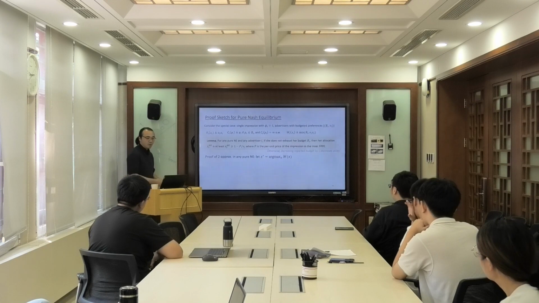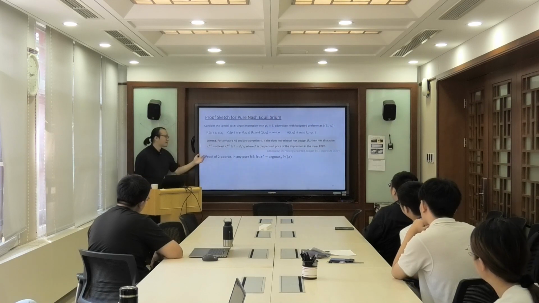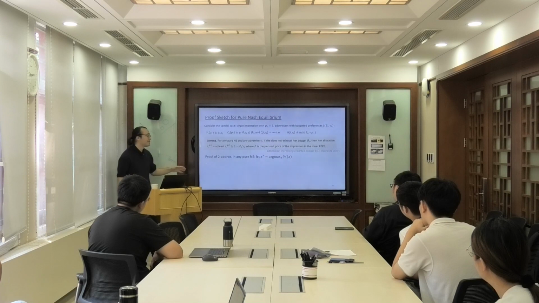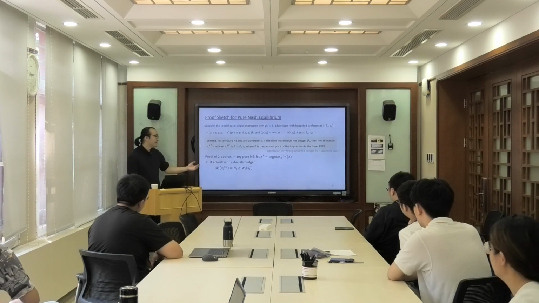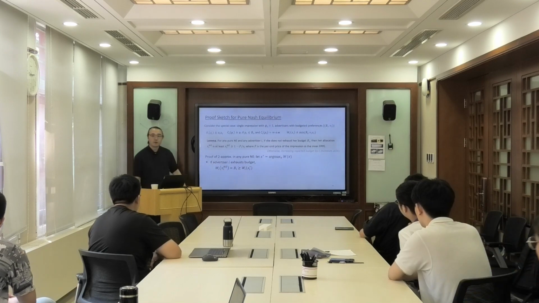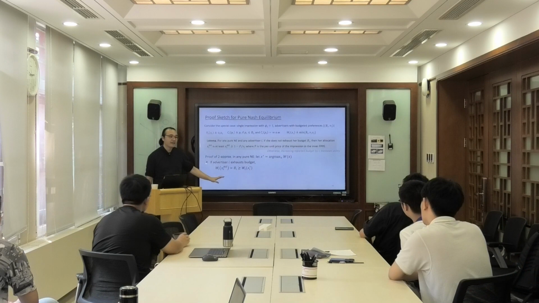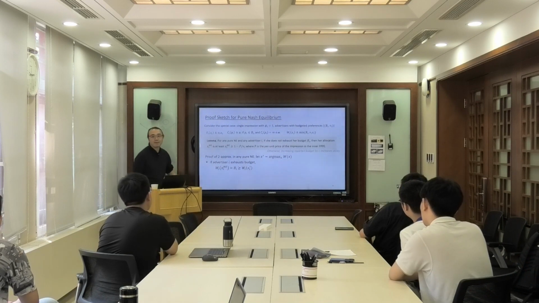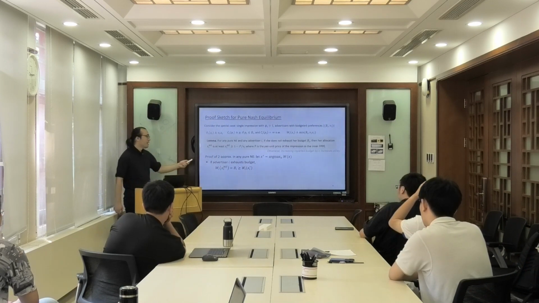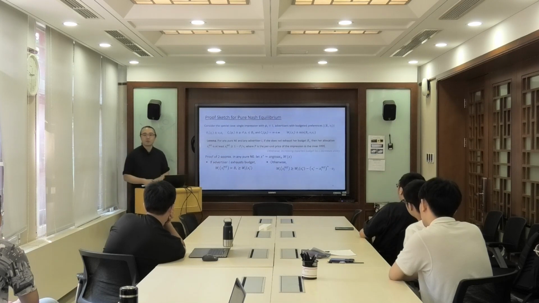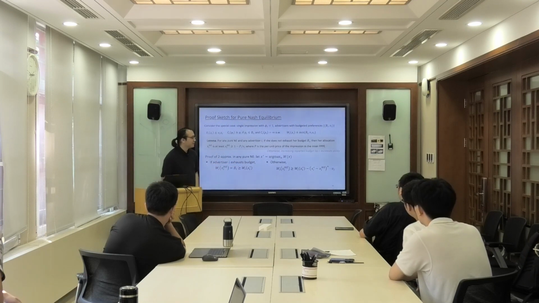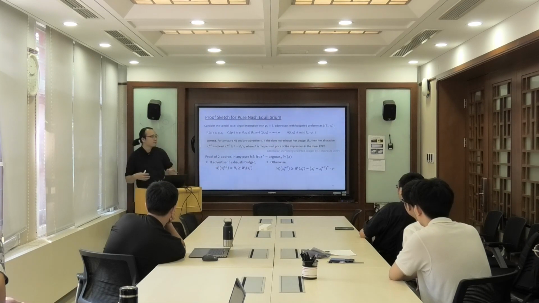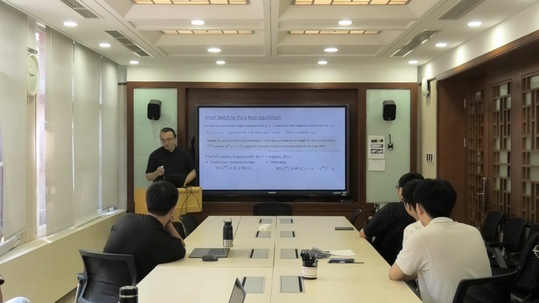And once we have this lemma, we are able to show the 2 approximation in the pure Nash. Let's set x star to be the optimal liquid welfare allocation. Consider 2 cases. If advertiser i exhausts her budget, then we know that in the allocation, her willingness to pay is equal to her budget, which trivially upper bounds her willingness to pay in the optimal allocation x star. Otherwise, if she doesn't exhaust her budget, we would like to invoke this lemma. First, we can show that her willingness to pay in the equilibrium is upper bounded by her willingness to pay in the optimal allocation minus her difference in the valuation.